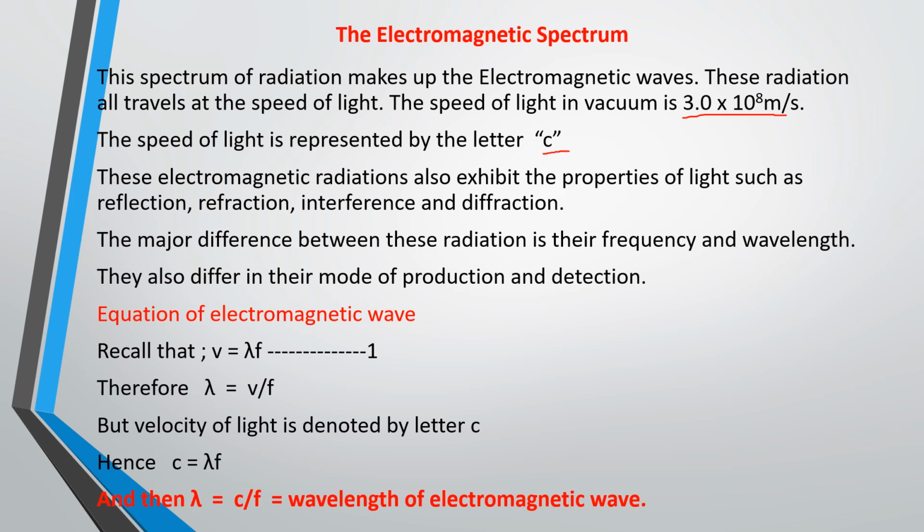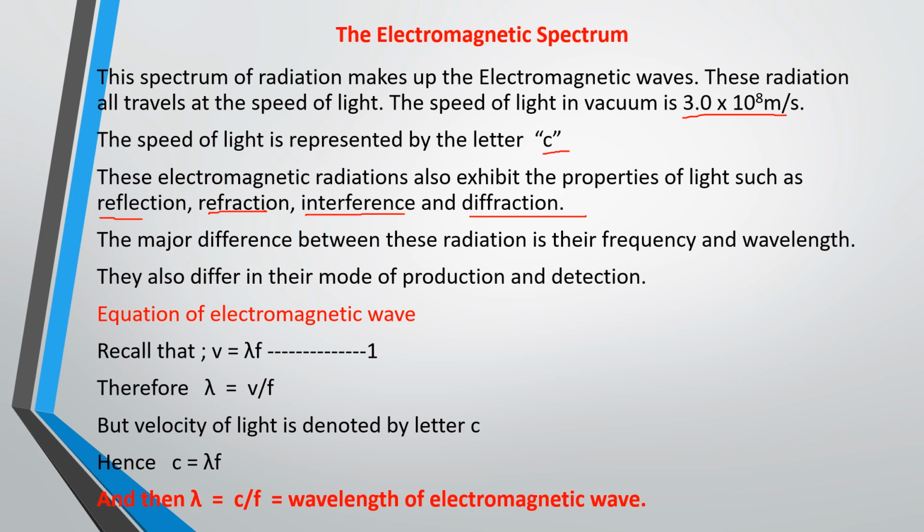We also want to remember that just like any other wave motion, electromagnetic waves have the same characteristics as light waves. They exhibit the properties of light waves such as reflection, refraction, interference, and diffraction. So electromagnetic waves all behave like light waves. You need to take note of that.